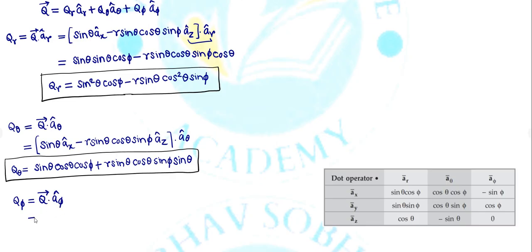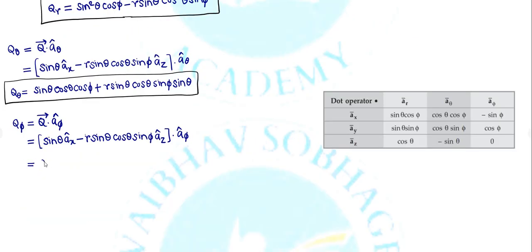So again write that for vector Q. Vector Q we have to be sine theta a x minus r sine theta cos theta sine phi a z, which has the dot product with your a phi. Now have that multiplication. Meanwhile, I am going to write it for you. So this sine theta will be as it is over here.